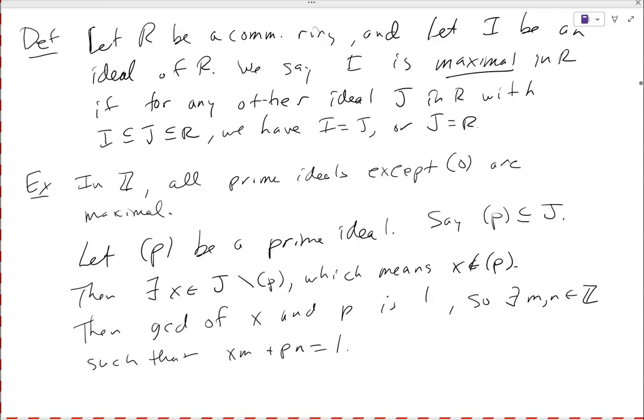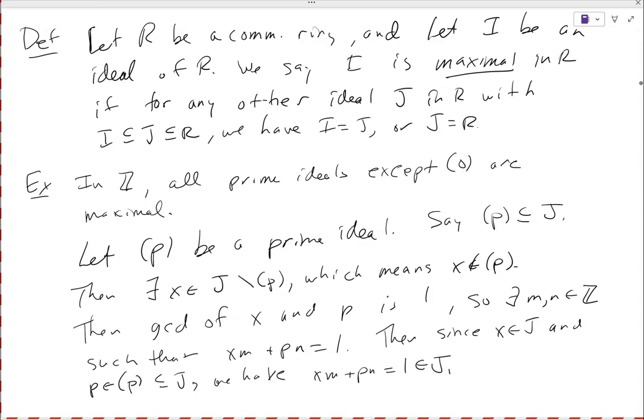Good. All right, so then since X is in J and P is in P, which is a subset of J, we have XM plus PN equals 1 is in J, thus J is equal to R. And the ideal generated by P is maximal.